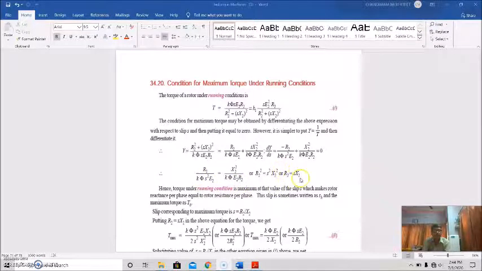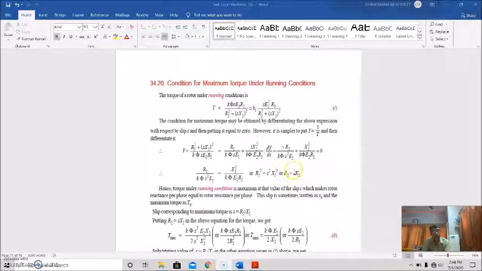And that gives you the condition for maximum torque at running condition: R2 equal to S X2. From this expression we can also get the condition for maximum torque at standstill by just putting S equal to 1. Hence, torque under running condition is maximum at that value of the slip S which makes the rotor resistance per phase equal to the rotor reactance per phase, S equal to R2 by X2.